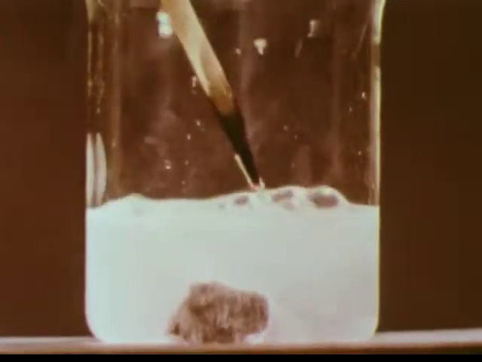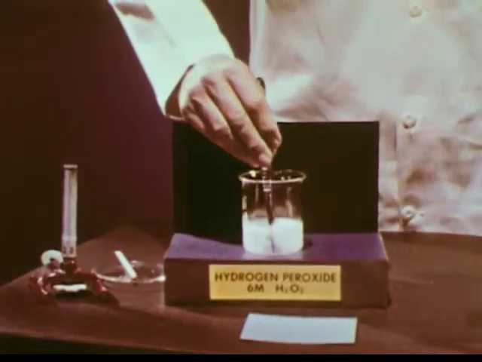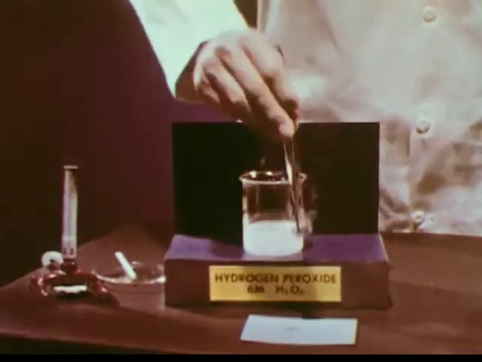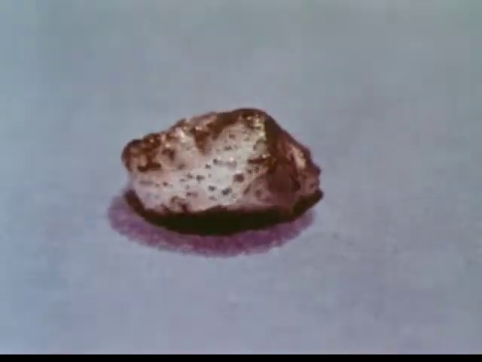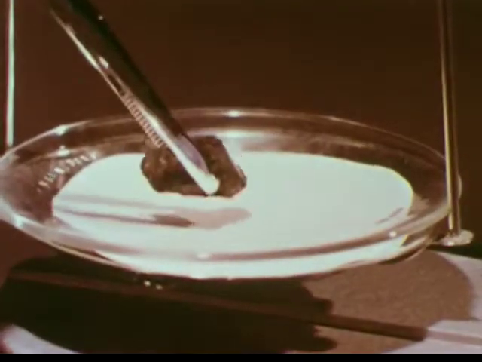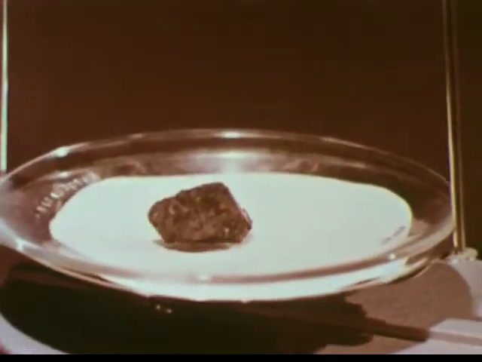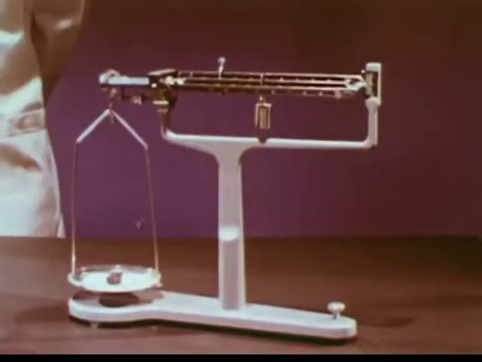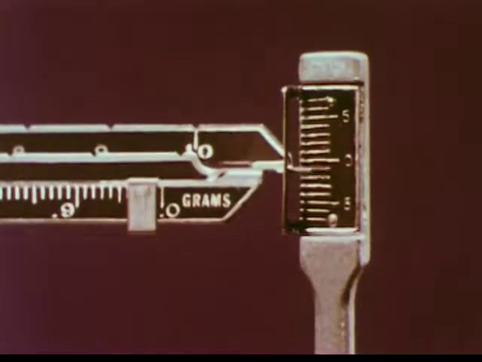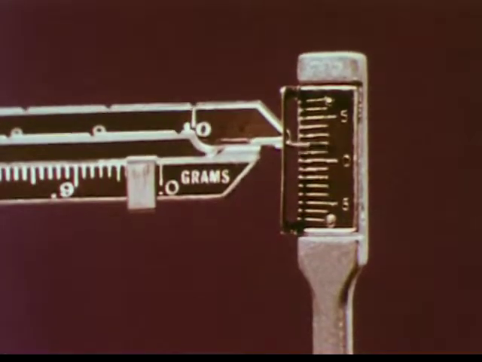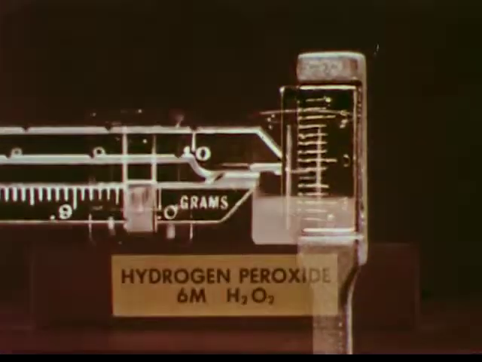Oxygen gas is evolved as indicated by its effect on the glowing splint. Again, we allow the manganese oxide to dry before replacing it on the balance. The weight is unchanged, showing that the solid has not been consumed in the net reaction.